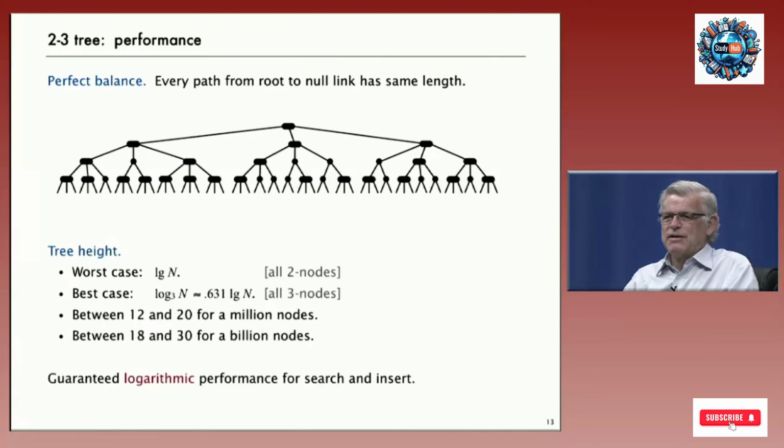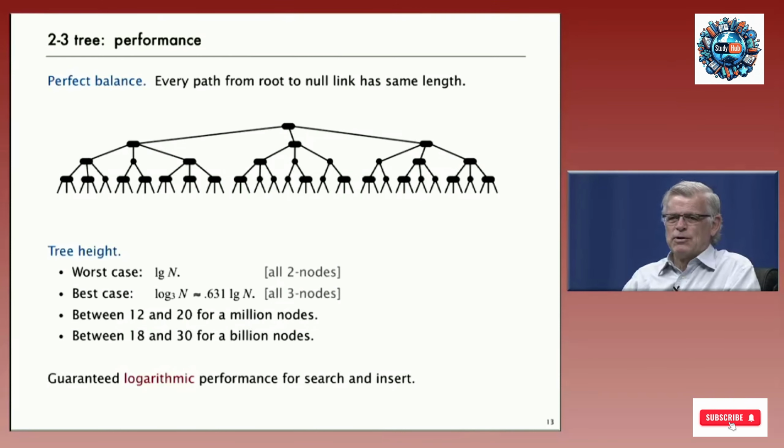Well, it's not hard to see that in the worst case, if they're all 2-nodes, that's the longest they could be. It's log base 2 of n. And if they're all 3-nodes, it would be log base 3 of n, which is less. It's about 0.63 log base 2 of n. So all the paths in a 2-3 tree with n nodes have to have length between those 2 bounds.